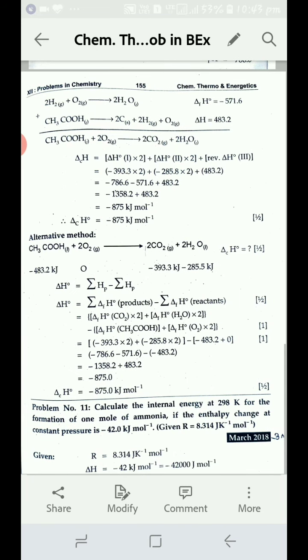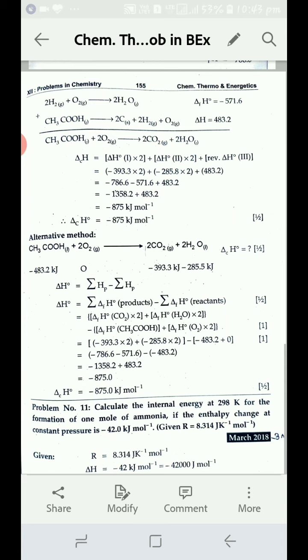So what are the given values? R value is given, 8.314 joule per Kelvin per mole. Delta H is given, minus 42 kilojoule. Kilo means 10 raised to 3. So minus 42 into 10 raised to 3 means minus 42,000 joule per mole.